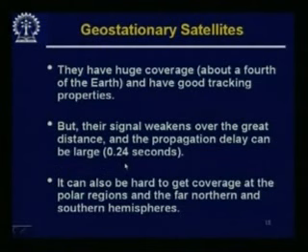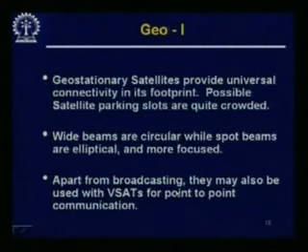Usually we talk in terms of milliseconds, but here we are forced to talk in terms of seconds, which is not a very good thing. It can also be hard to get coverage at the polar regions, because these geostationary satellites have to be over the equator. So getting coverage at the polar regions, and the far northern and southern hemispheres, is difficult.